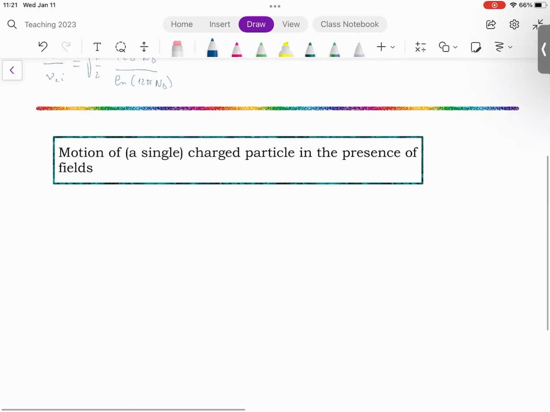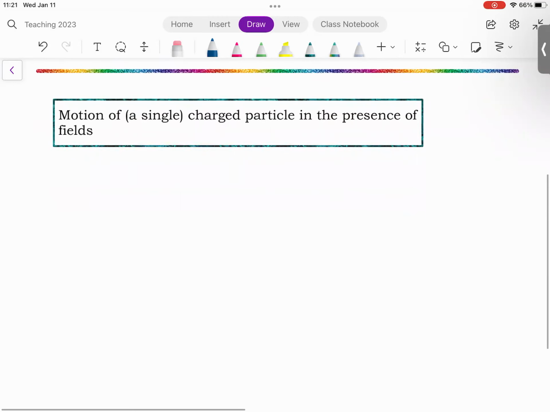Well, our main tool in this analysis is going to be the equation of motion for a charged particle in the presence of electromagnetic fields, and I'm going to assume that those are, again, given, and I'm going to be generic about whether I'm looking at ions or electrons.